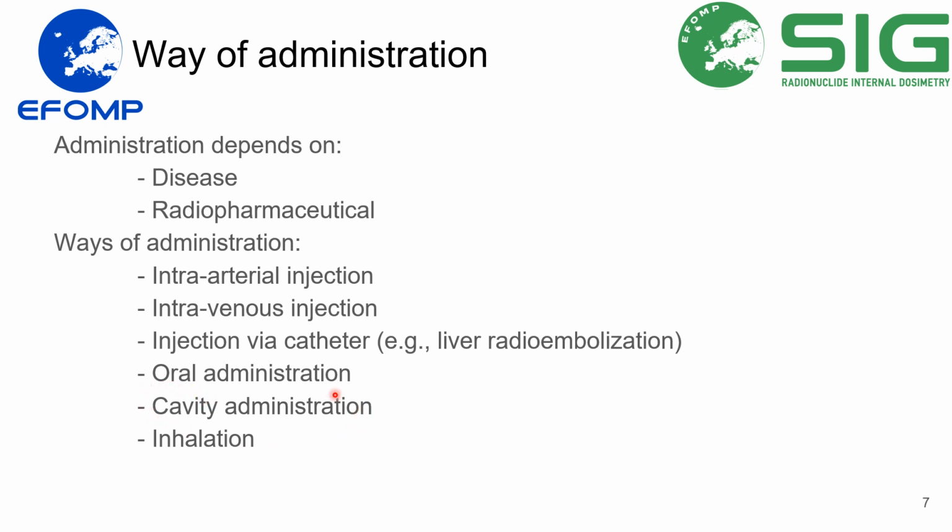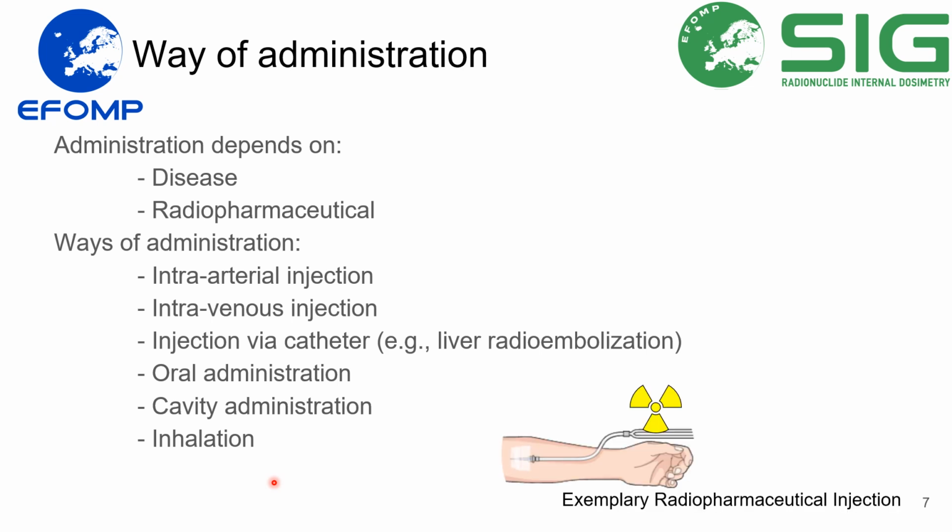A cavity administration, for example after a brain tumor into the cavity in the brain, you could administer a radiopharmaceutical, but that is still under phase 1 and phase 2 clinical trials. And lastly, there's the way of inhalation of, for example, radioactive gas. As an example, we can just inject intravenously into a needle that is placed our radiopharmaceutical.